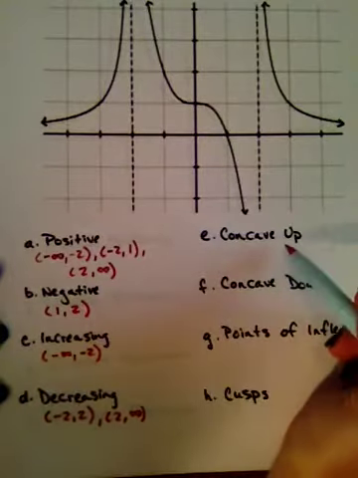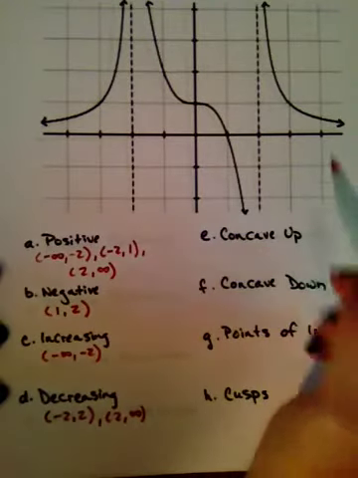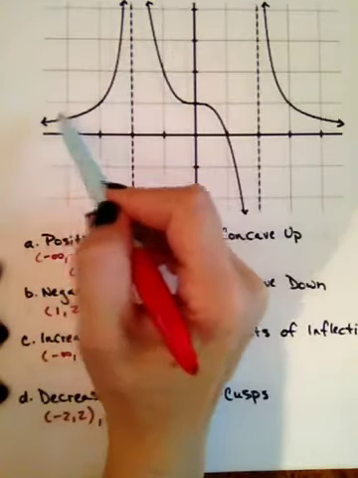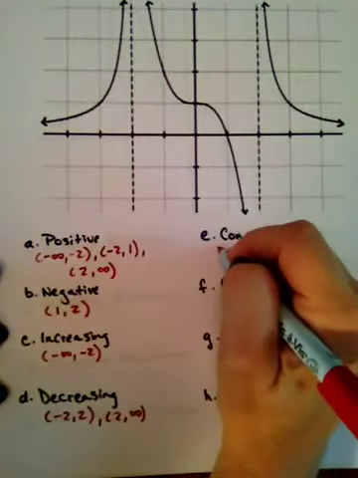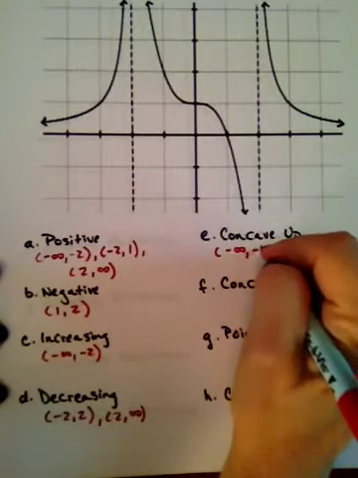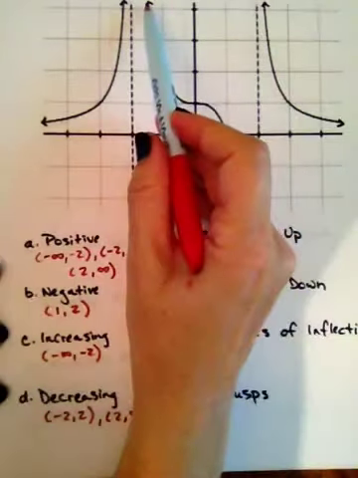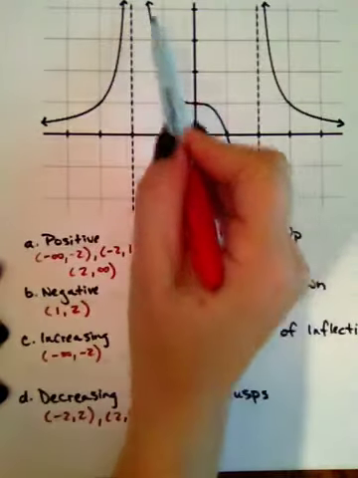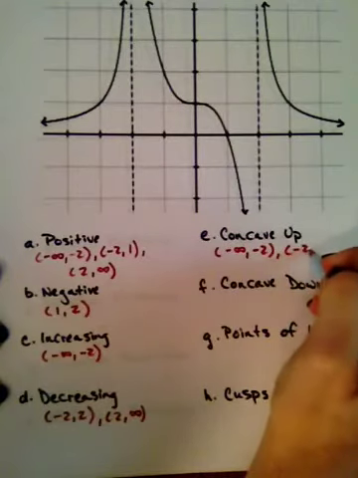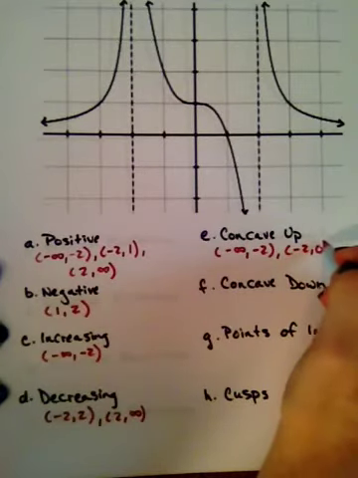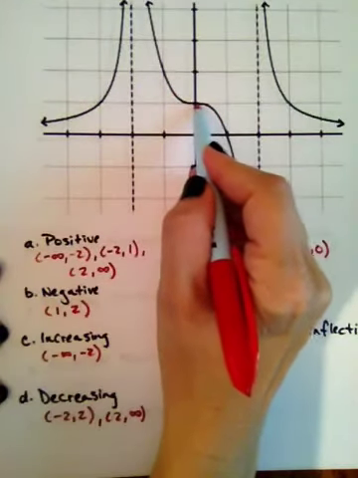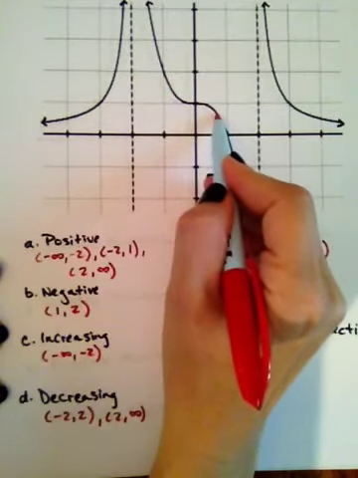Now concave up, bowl shape up. So if you look at this first piece of the graph, it is bowl shape up. So I'm going to say from negative infinity to -2. This piece of the graph, it's also bowl shape up right here. So from -2 to 0. At 0, you can see bowl shape up, and then it switches bowl shape down.